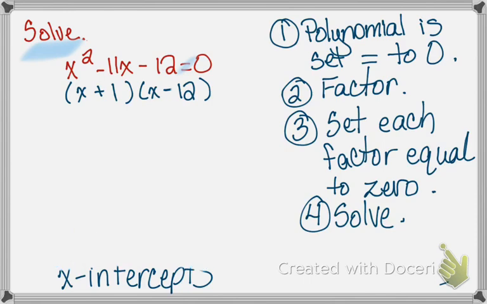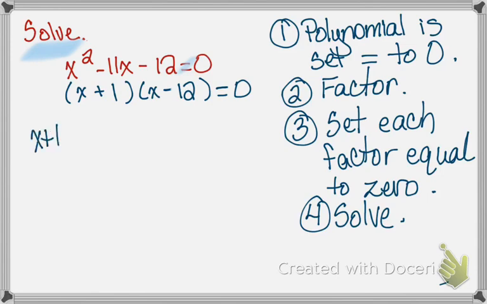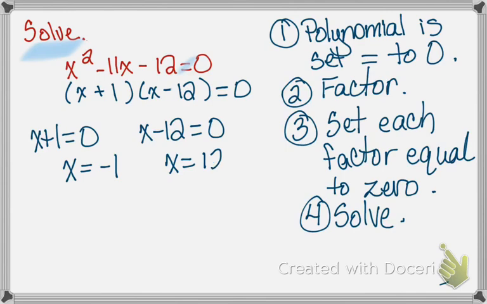I have x plus 1 and I have x minus 12. Okay, and those are equal to 0. So I am going to take x plus 1 and set that equal to 0. Then I'm going to take x minus 12 and set that equal to 0. Okay, when I solve that, I have x equals negative 1 and x equals positive 12.